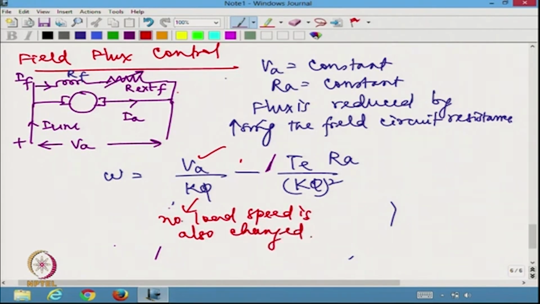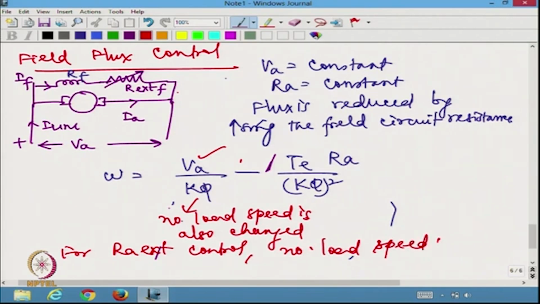So, for RA control or armature resistance control, no load speed didn't change, no load speed was a constant, right, it didn't change.